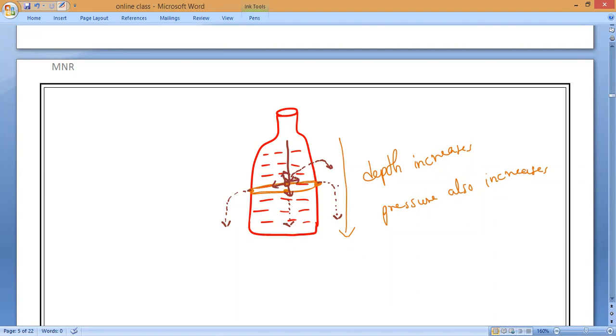That is one of the most important properties of pressure. In all directions, undiminished. What do you mean by undiminished? Undiminished to the other parts of the fluid and to the walls of the container, so equally distributed in all directions.